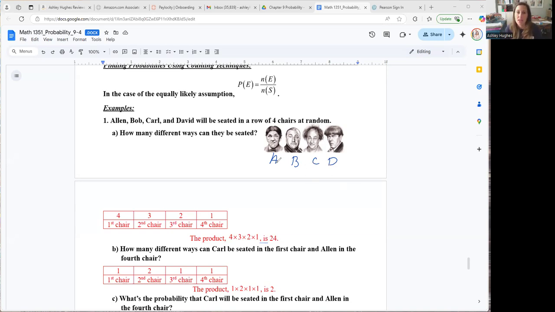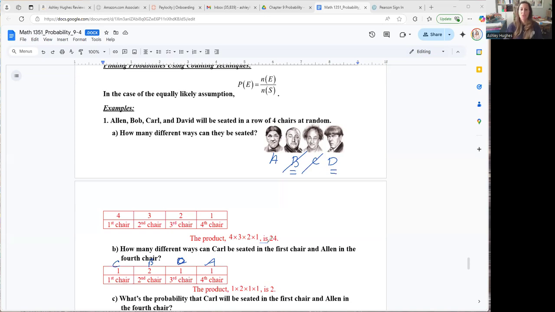Okay, so if I want Carl to be seated here, and I want Alan to be seated here, so I got Carl, say he's in the first chair. How many people could go in the second chair? Well, he could go here, or he could go here. So the B or the D. So that's why you have 2 choices. But then once one of them is taken, you just have the one choice.